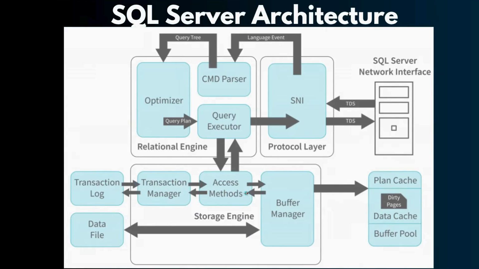Now comes the storage engine. The storage engine is the lowest layer of the SQL Server architecture. It is responsible for physically storing, retrieving, and managing data on disk while ensuring durability, consistency, and high performance.